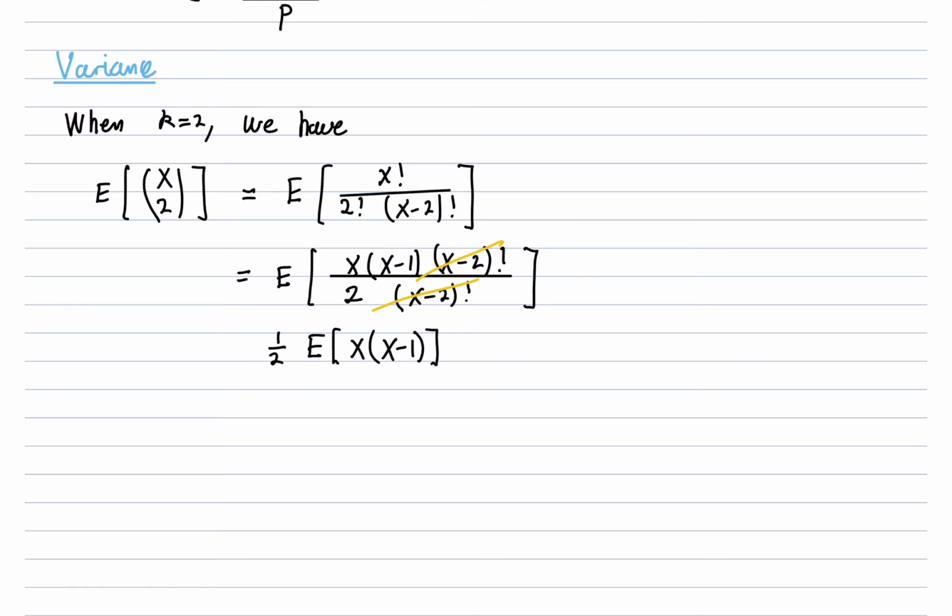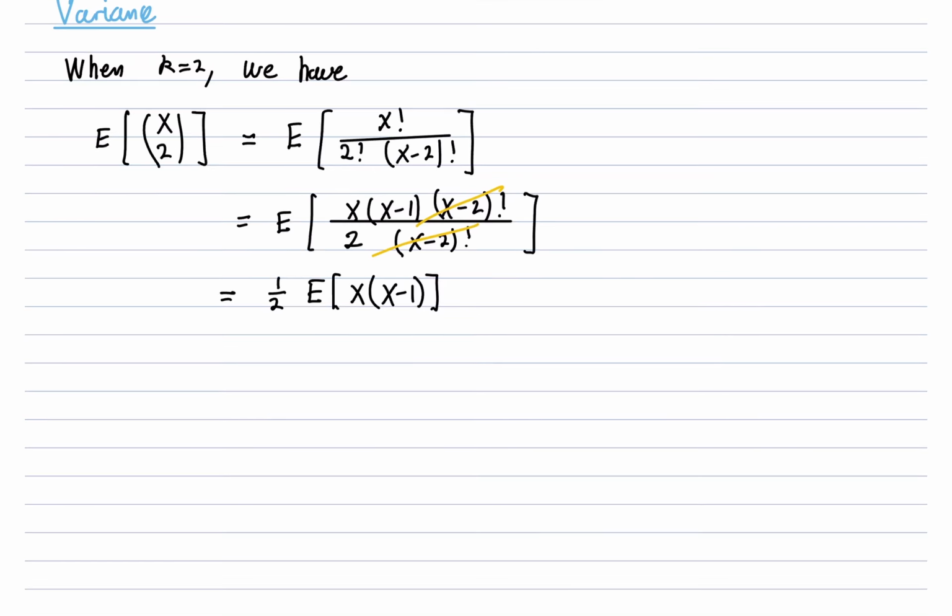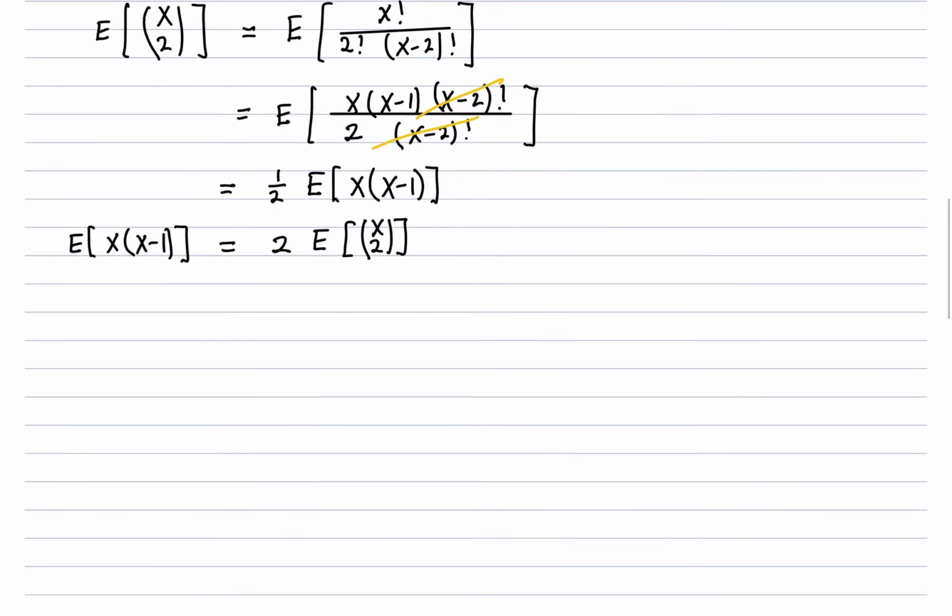And that tells us something interesting, because if we flip this equation around, the expected value of x times x minus 1 is actually equal to 2 times the expected value of x choose 2, which we can now derive using our formula.